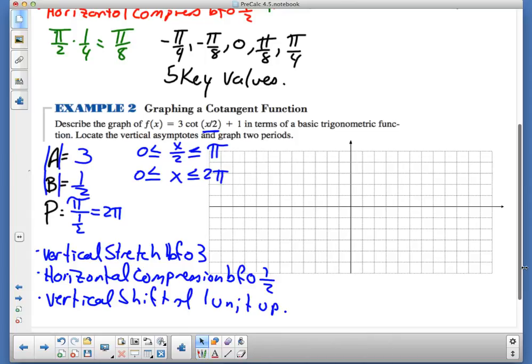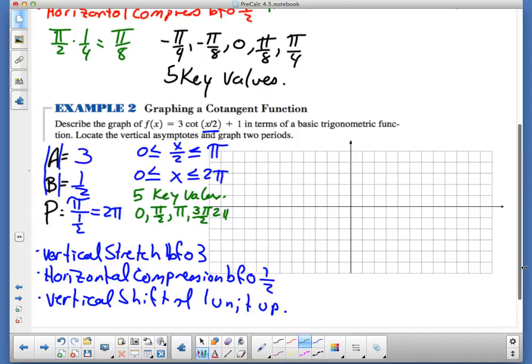All right, so now here's the thing. As we break this up, I'm going to break it up in pi over 4s, and we're going to talk about this since it's 2 pi. So my 5 key values are going to be 0, because 2 pi over 4 is pi over 2, pi over 2, pi, 3 pi over 2, and 2 pi.